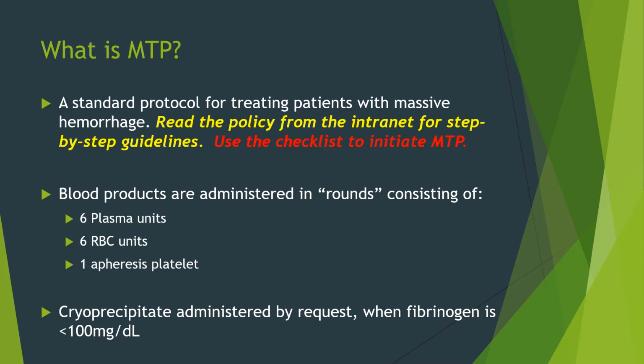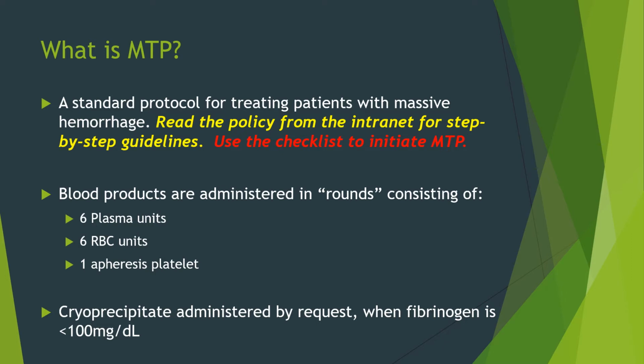Massive transfusion is administered in rounds. Each round of blood products consists of 6 plasma units, 6 red blood cell units, and 1 apheresis platelet unit. Cryoprecipitate is administered by request when the fibrinogen level is less than 100 milligrams per deciliter for general transfusion.